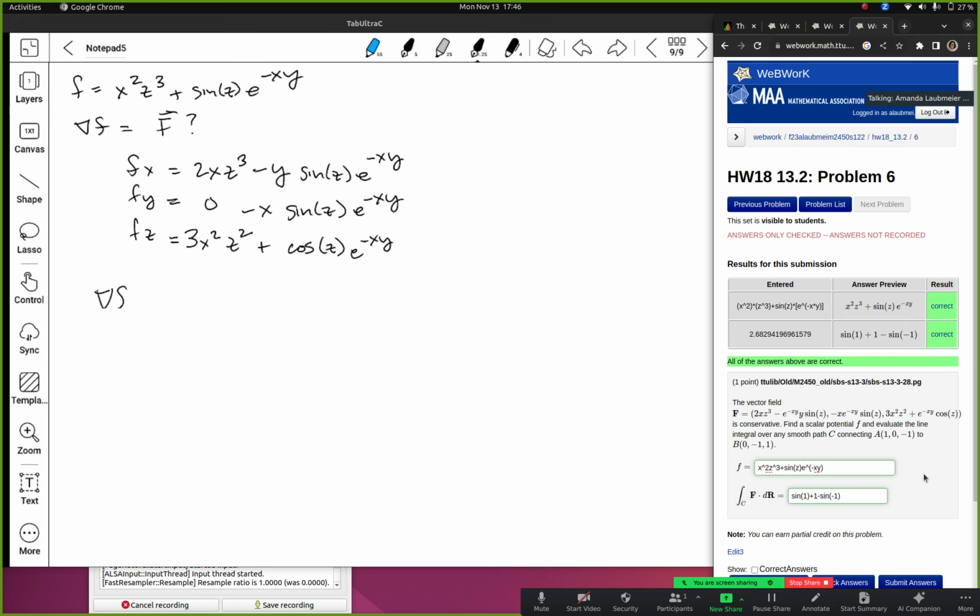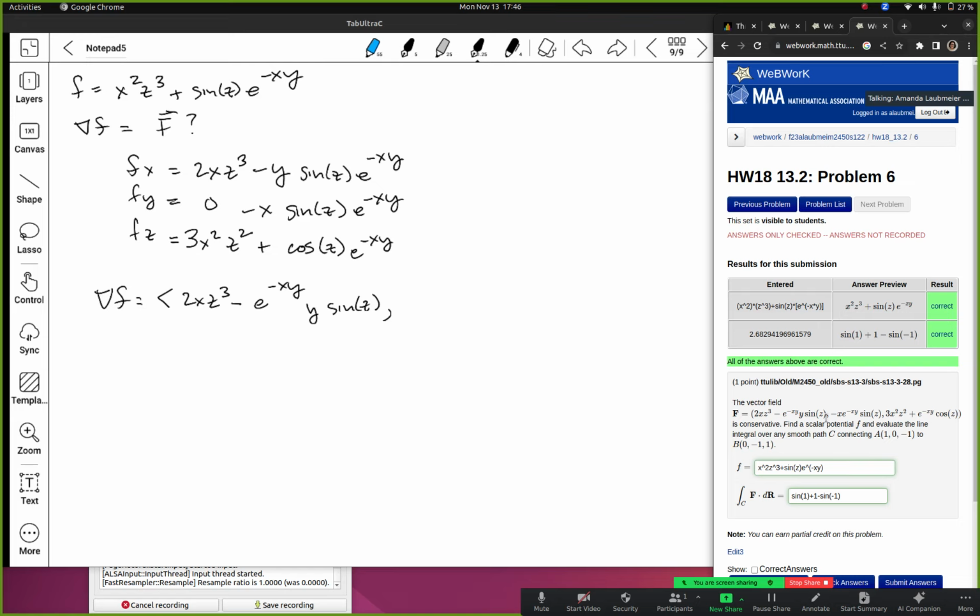So my grad f is going to contain all those components, but as I write it, I'm going to rearrange it so it looks exactly like our f. So 2xz cubed minus, I'm just going to switch the order inside this term, e to the minus xy times y times sine of z. All I did was rearrange, it didn't change anything about it.